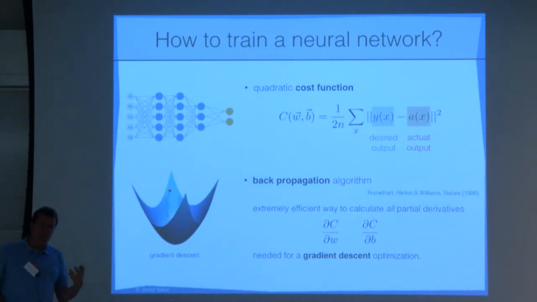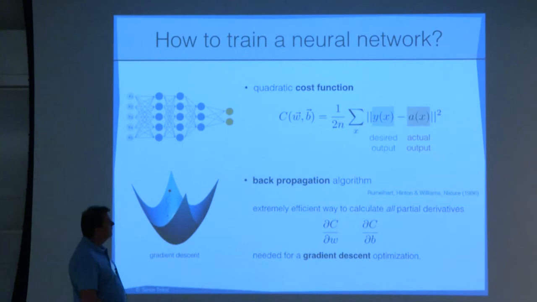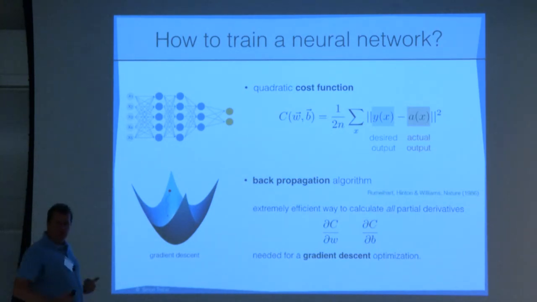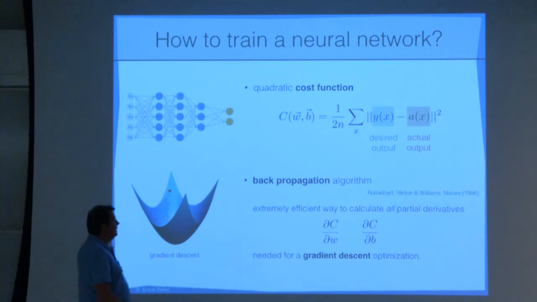The language, deep neural network, comes from that time. It's nothing new. It has been used in the field for the last 30 years. Good, but somehow we know that self-driving cars, chess playing computers, and these things haven't been developed in the 1980s. So something else must have happened since then.